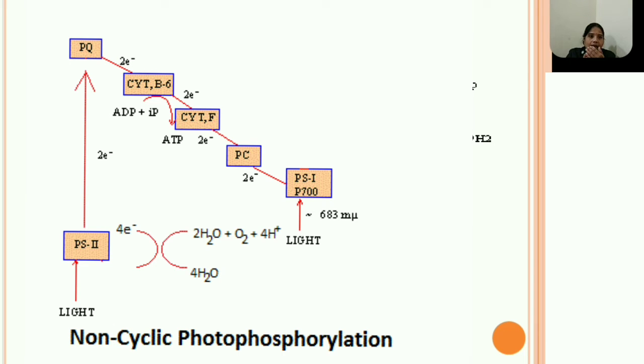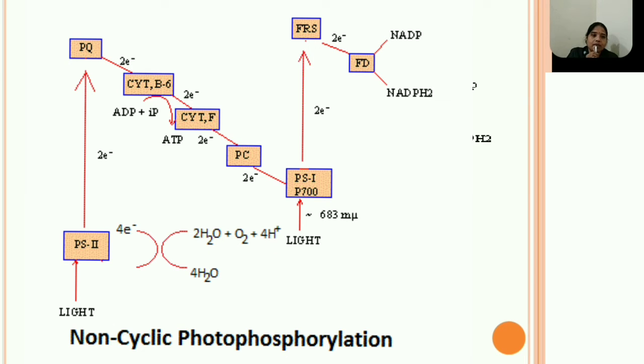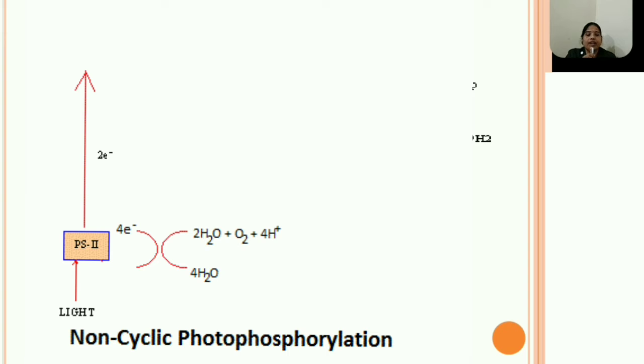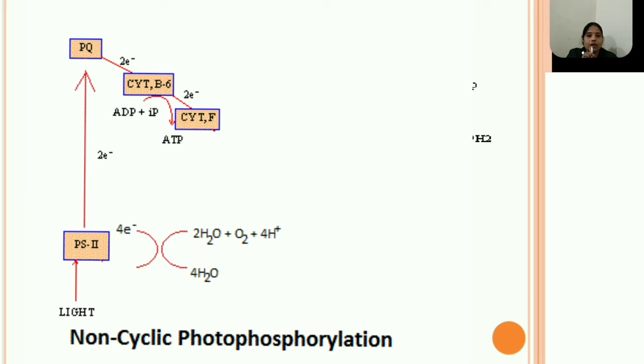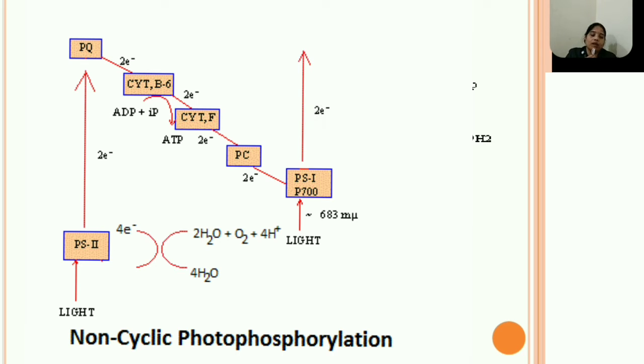Non-cyclic photophosphorylation involves these steps: photo excitation of photosystem 2, P680 nm; flow of electrons from photosystem 2 to photosystem 1 through the electron transfer system; synthesis of ATP; photo excitation of PS1, P700; and lastly photolysis of water.